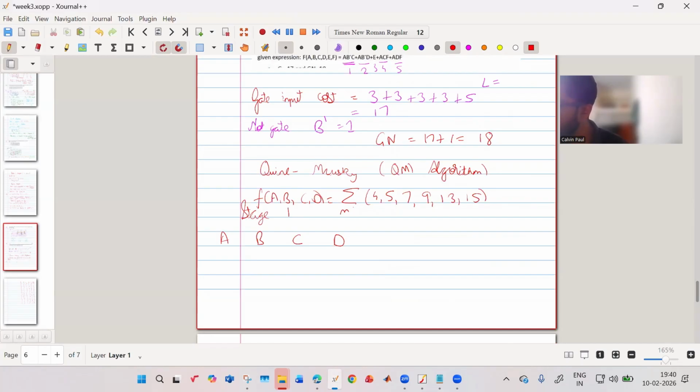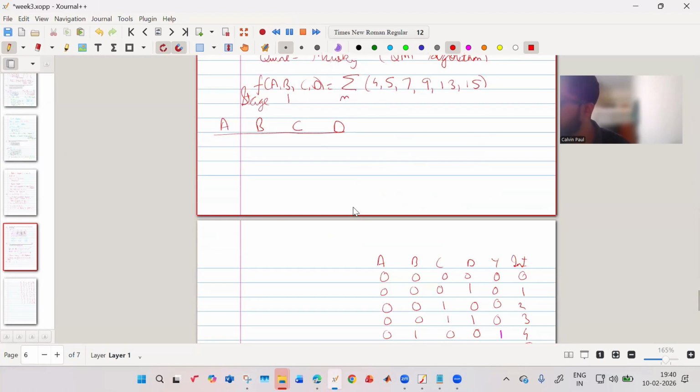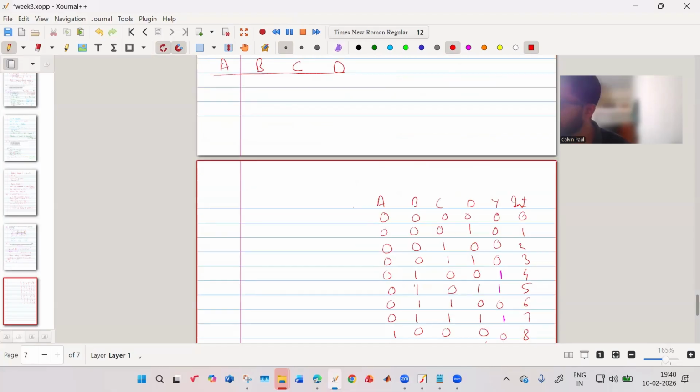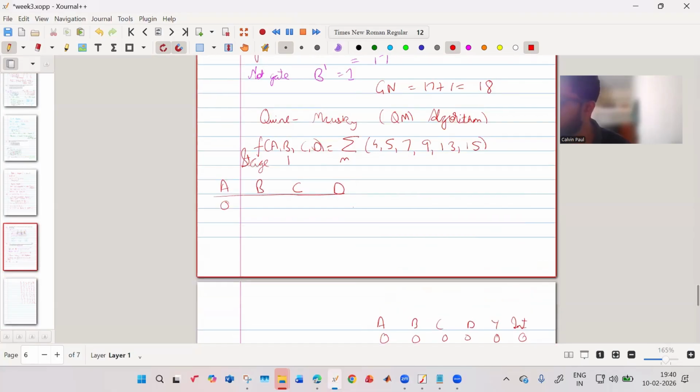Let's try to accommodate them. Let's consider the case where there is only one 1. That happens for 0100, that is 4.